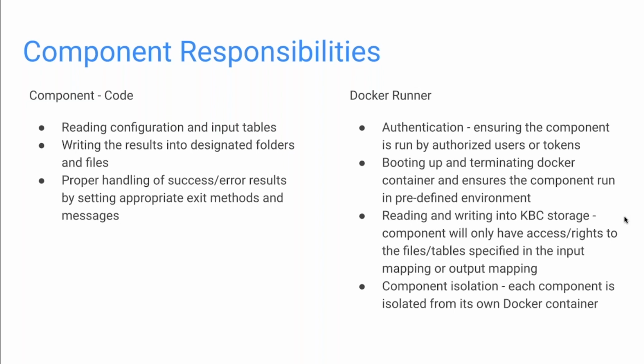It also needs to ensure the reading and writing into KBC storage. Component will only have access and rights to the file or table specified in the input mapping or the output mapping. So if you don't specify the output mapping or input mapping in the component, the Docker runner will not be able to write into a different bucket if it's not defined.